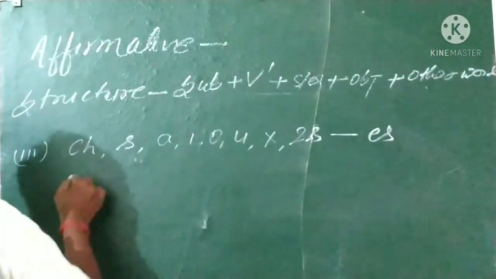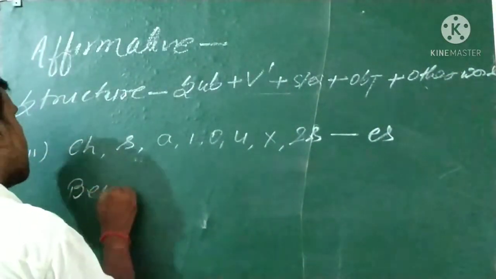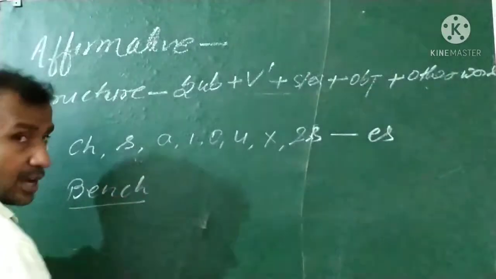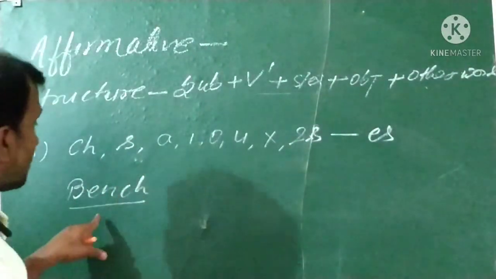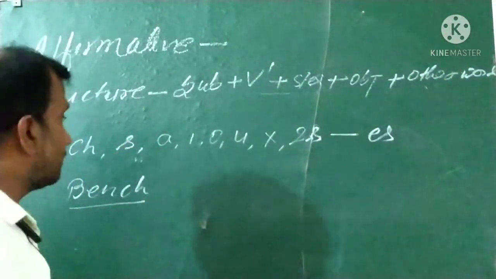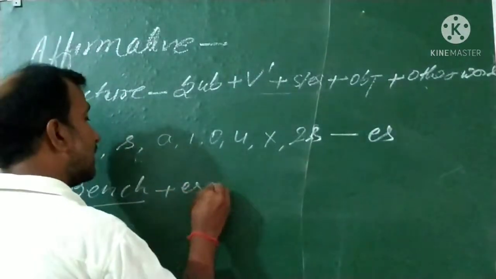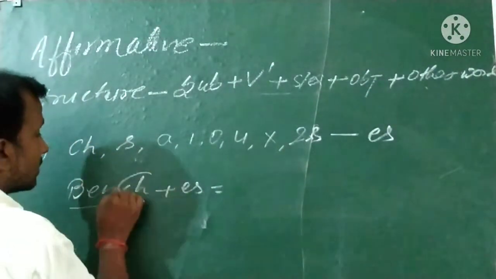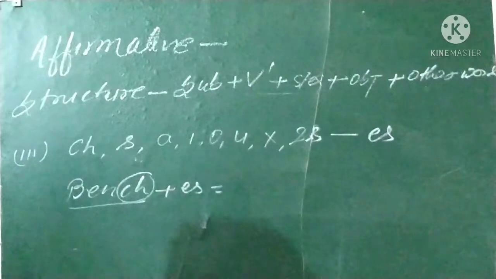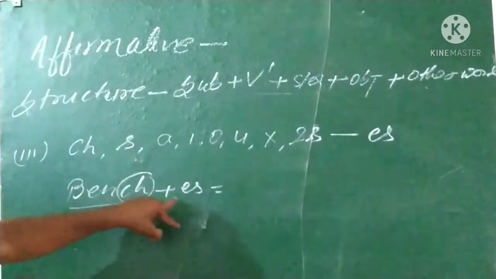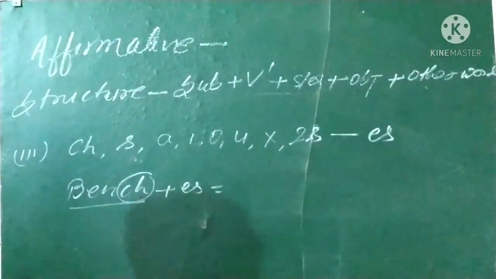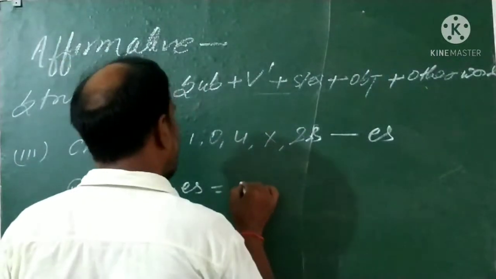Okay. For example, bench. Bench is what? A noun. If you want to make it plural, then you have to write ES. Why ES? Because the last letters are CH, and with CH you have to write ES. Then it will be benches.